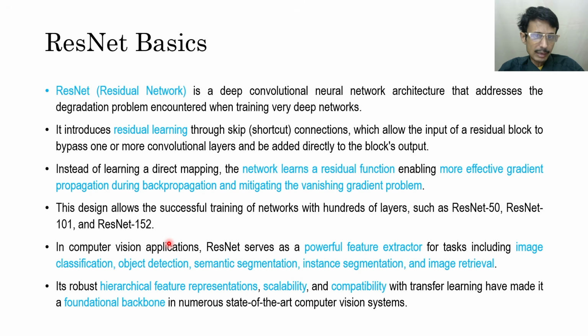So ResNet, since it has a huge depth, made a revolution in computer vision, as well as we'll see later in generative AI also. So as a whole, this is the very basic introduction of ResNet.